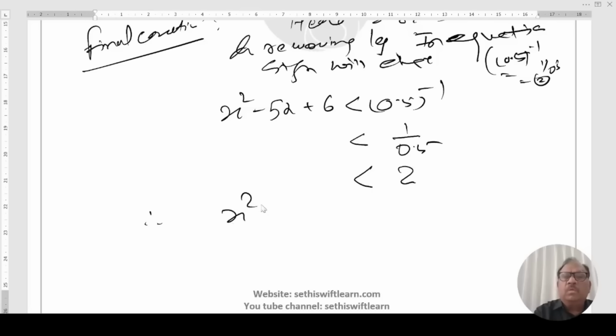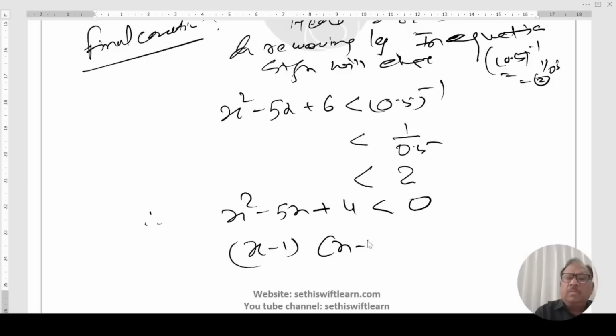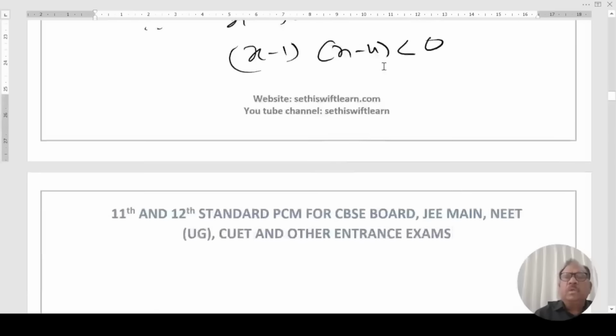Therefore, x square minus 5x plus 4 less than 0. So this comes out to be (x minus 1)(x minus 4) less than 0. One condition is this.